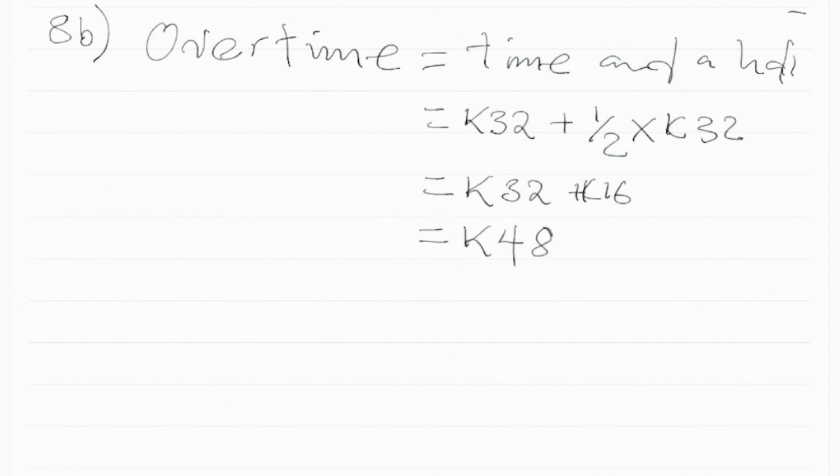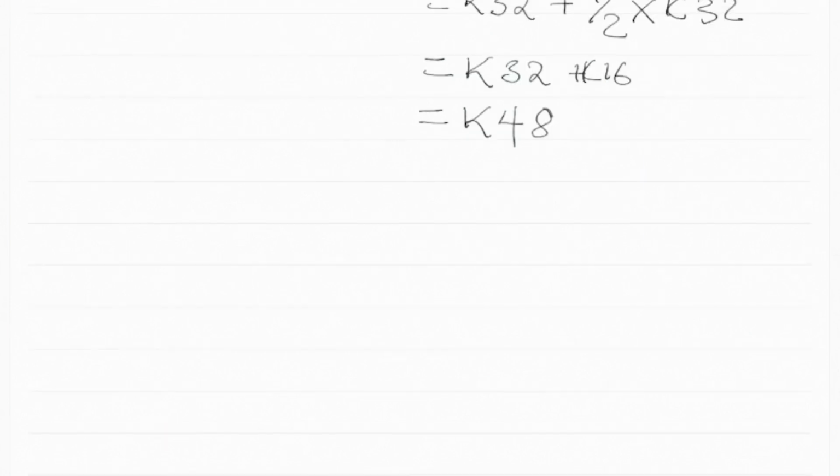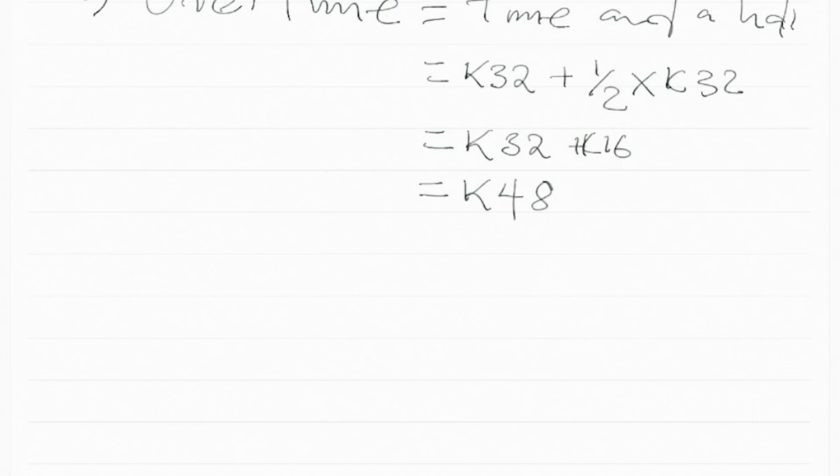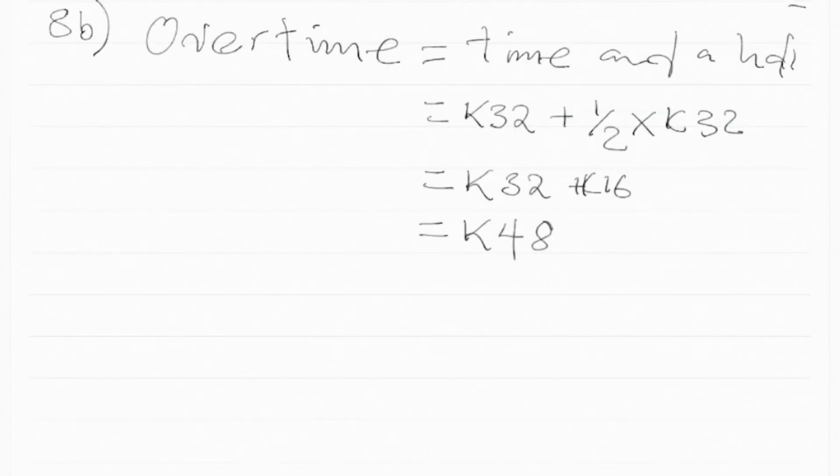Now, the 48 kwacha is not the answer. It's just part of the answer, because we are told to calculate his total wage in a week in which he worked for 45 hours. The only extra hours he had was 5 hours.